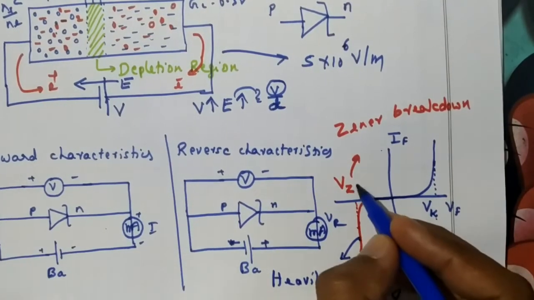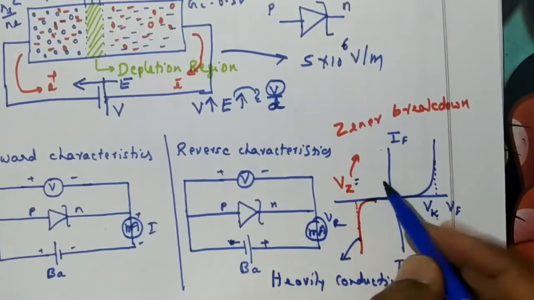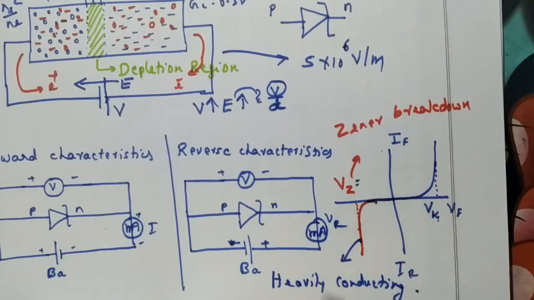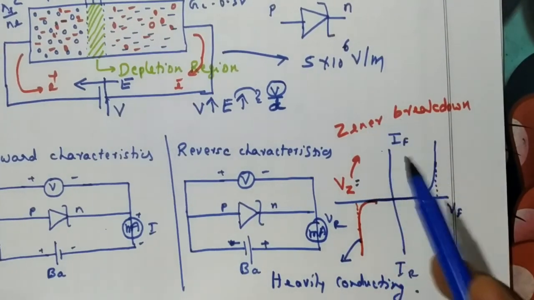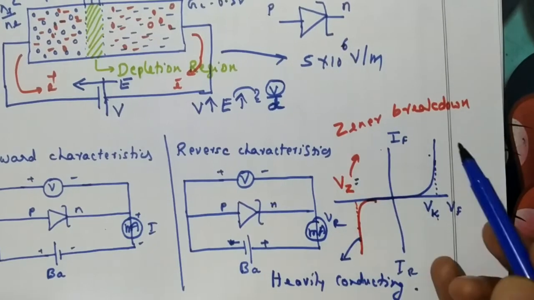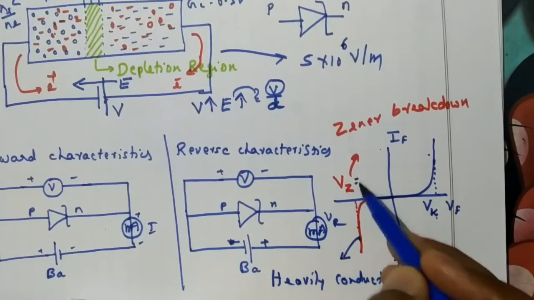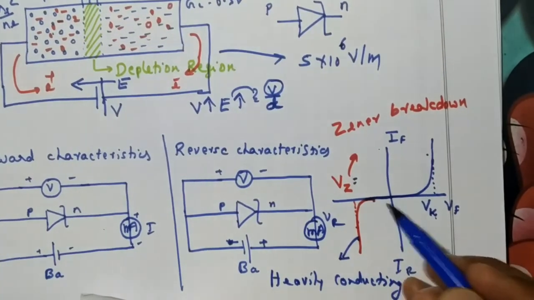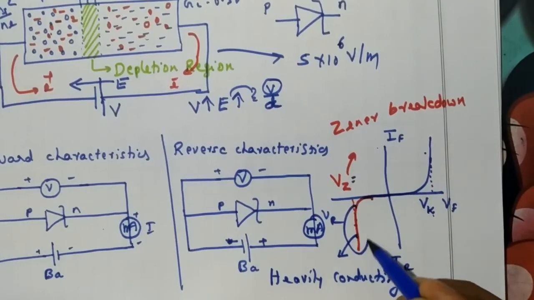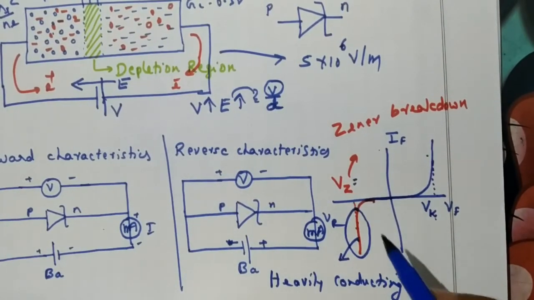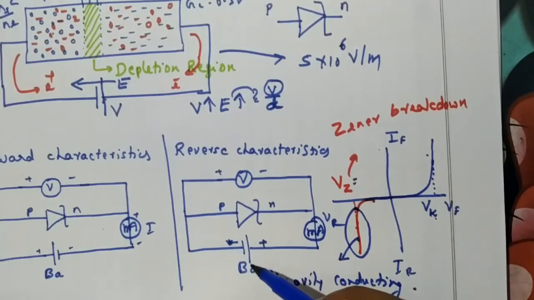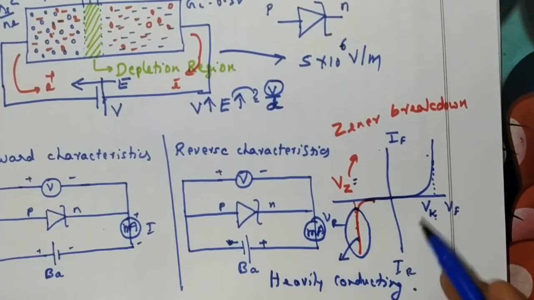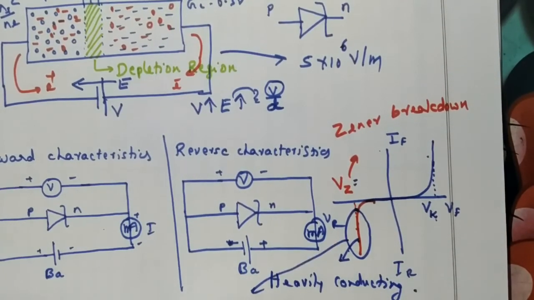Here, what is the value of Zener breakdown? Zener breakdown may be 1 volt, 2 volt, 3 volt, 5 volt, 10 volt, lesser voltages. But avalanche breakdown is a larger value, in the order of 100 volt, or 150, 200 volt, etc. This will be a lesser voltage, 1, 2, 3, 4, 5, 6 or 8 volt, etc. And this property, where once the voltage exceeds the Zener breakdown the voltage across the Zener is constant, is used in voltage regulators.